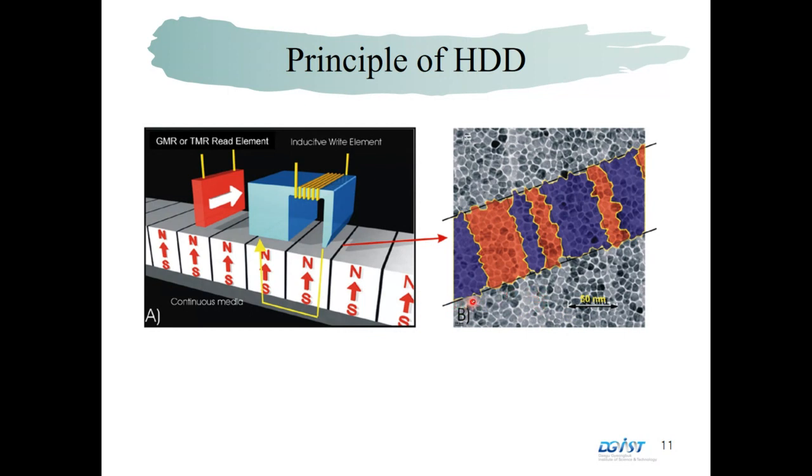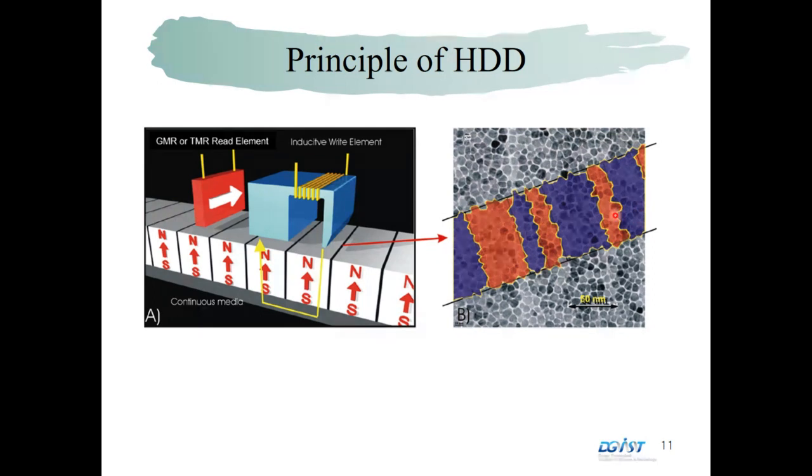When we store information on this surface with the magnetic field, the magnetization of this area, let's say this is the up region, and this is the down one. And you can easily see we can distinguish this up and down domain by assigning the number 1 or 0. So we can store the digital image in this shape.